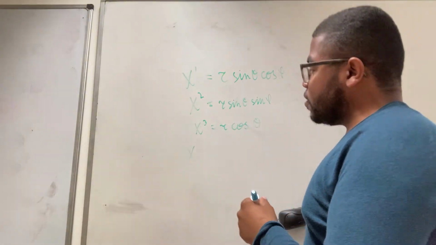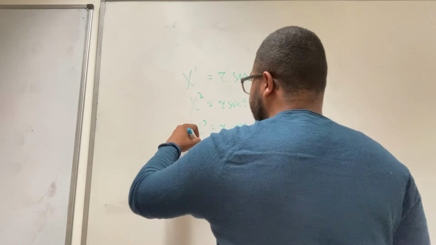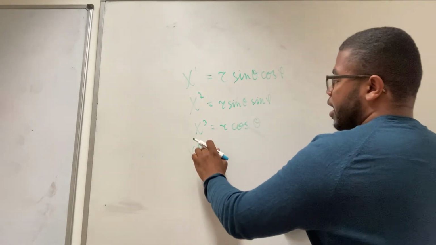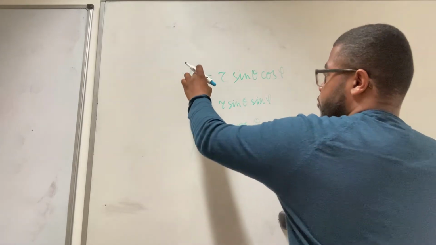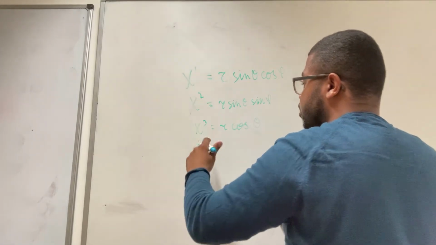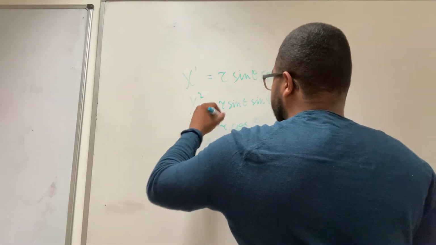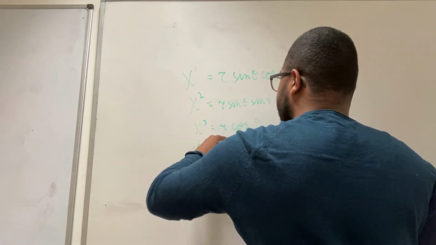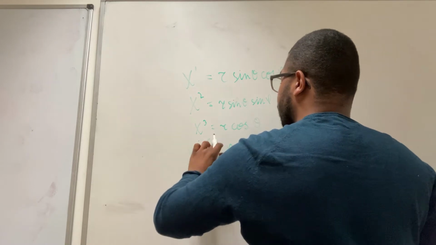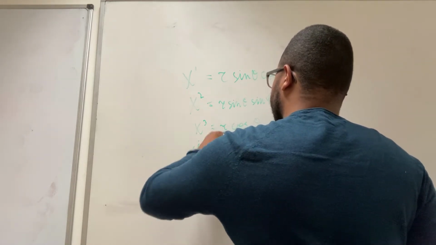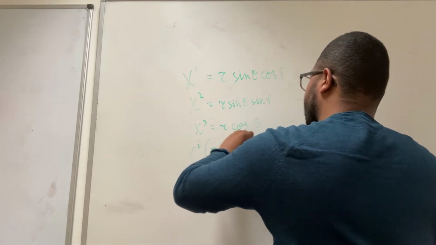So in essence, what you can see here is that we describe each of the axes x^i, with i taking the values 1, 2, and 3, in terms of r, theta, and phi.